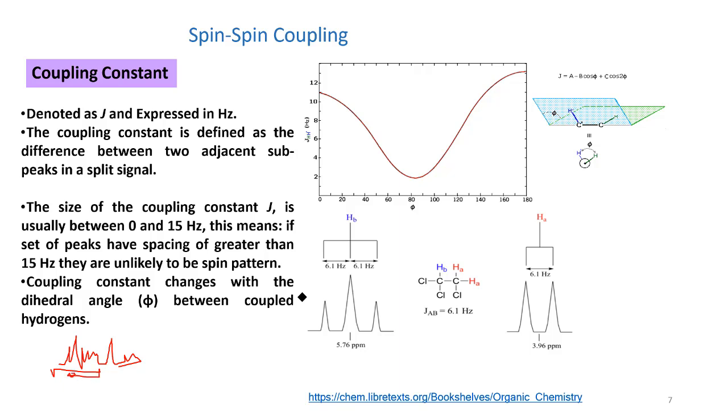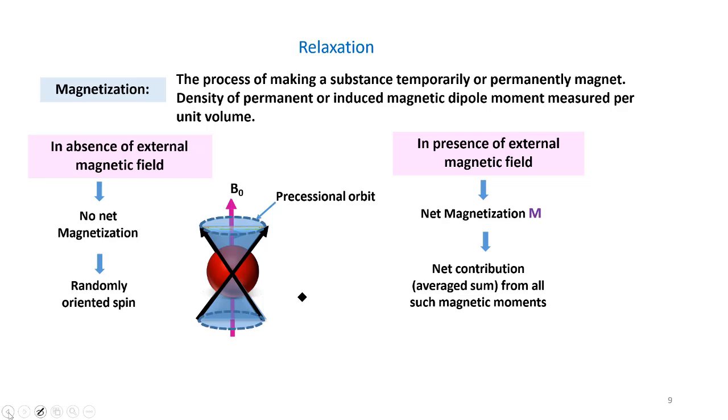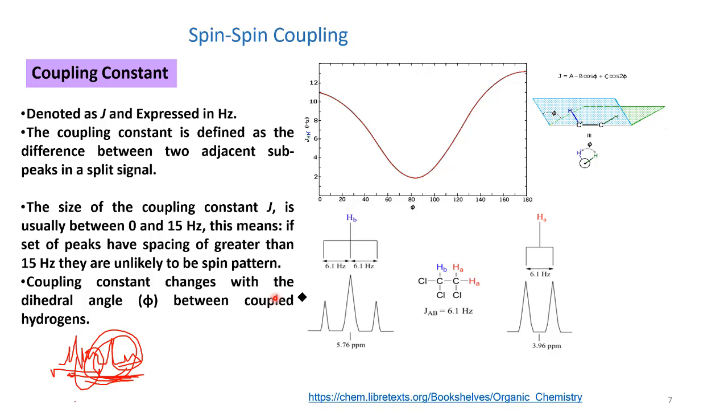If it is more than 15 hertz, then we know that this peak is not connected to those peaks. It is a different peak of different speed, not a combination of them. So that information we can get from it.